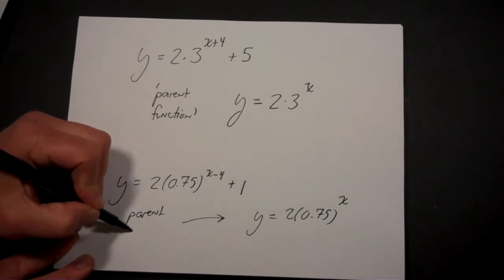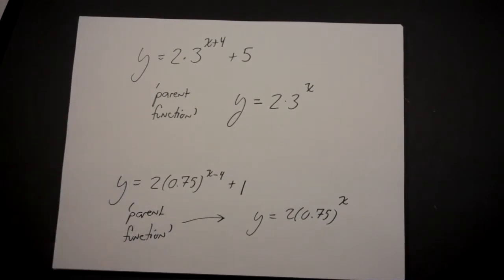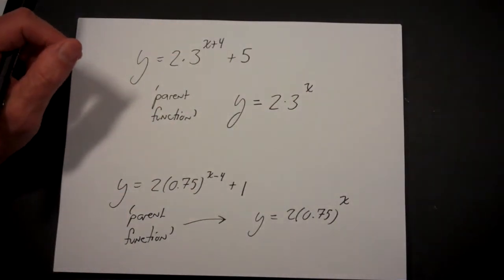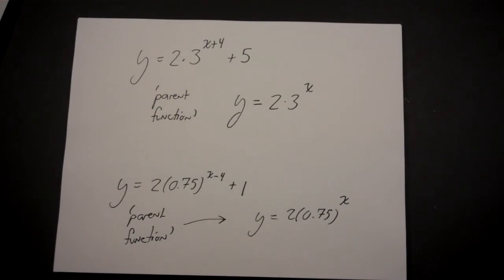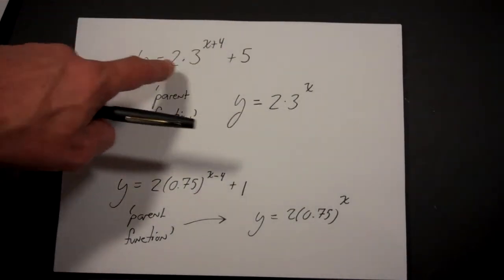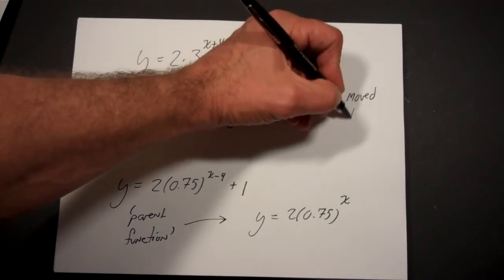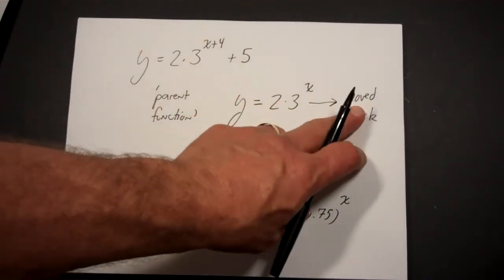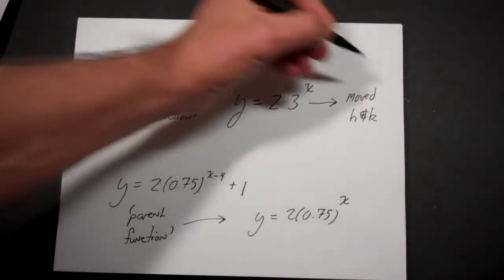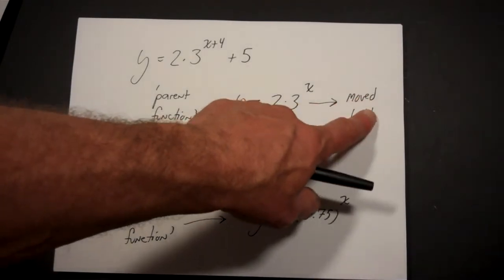I call it the parent function because it's just an easy way to name these two functions, but you don't have to use that terminology. The key here is that this function is simply the parent function moved left and right and up or down, by h and k.